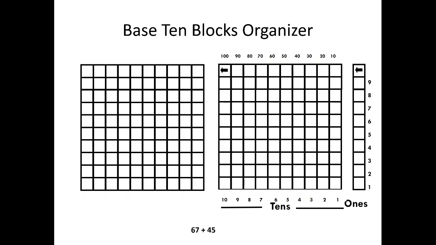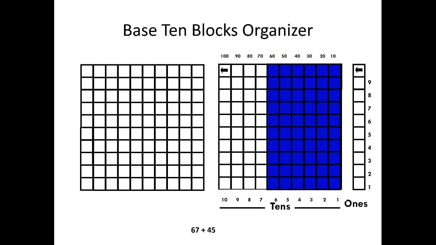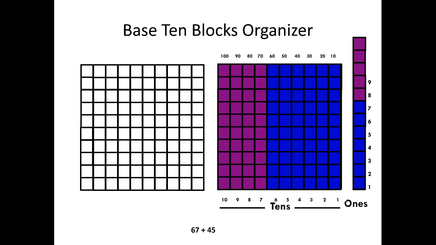You also should have access to the base 10 blocks organizer, which has room for 100, since we add up to 120. So we can have 67 plus 45. Here we have 6 10s and 7 1s. Then we add our 4 rods for 40 and our 5 1s.